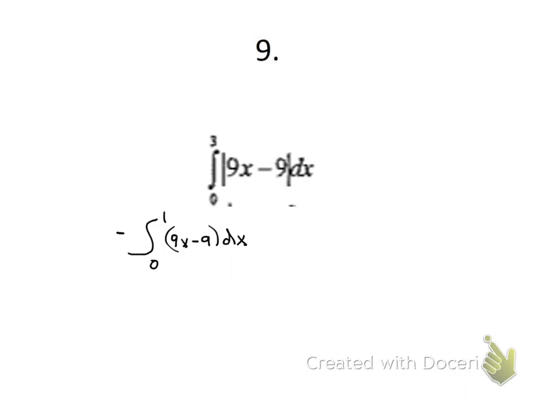So I've got to take the negative of a negative, which becomes positive. Plus from 1 to 3, 9x minus 9 dx. Now I remember one of the examples, these were symmetric, these are not. So you need to do these separately, right?